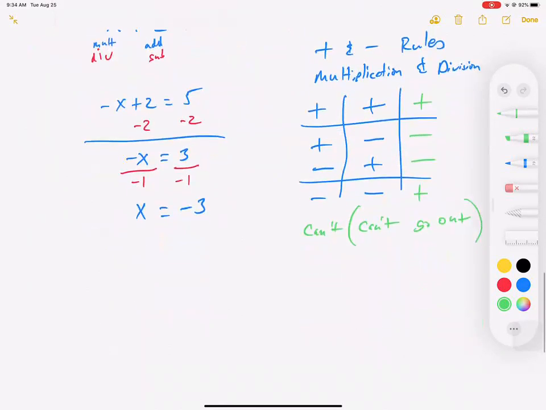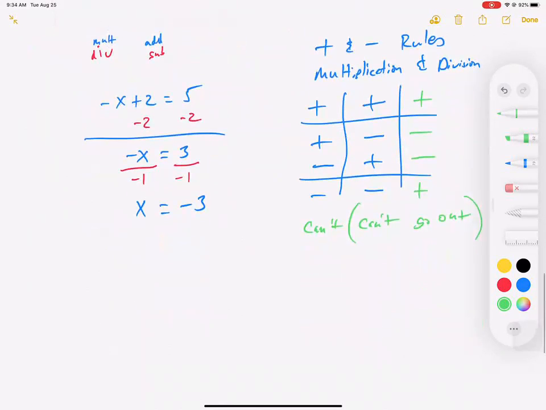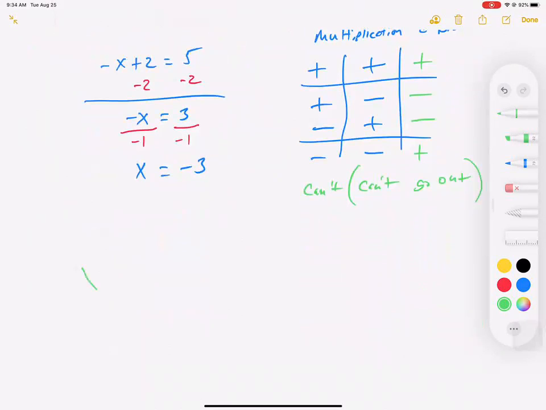Another thing, when you're practicing on IXL today, they'll write it in a funny way. They might write something like x plus negative 2 is equal to, let's say, 5. So they're adding a negative 2. You can subtract the negative 2, and that will become a plus 2.